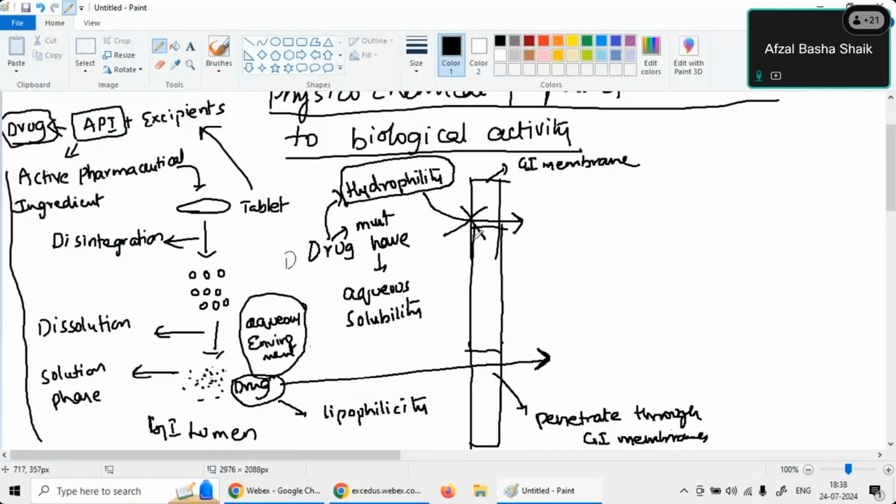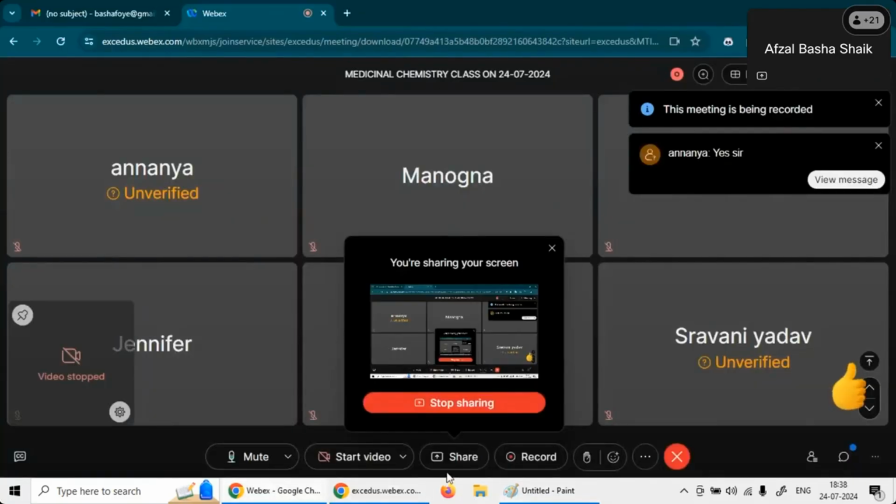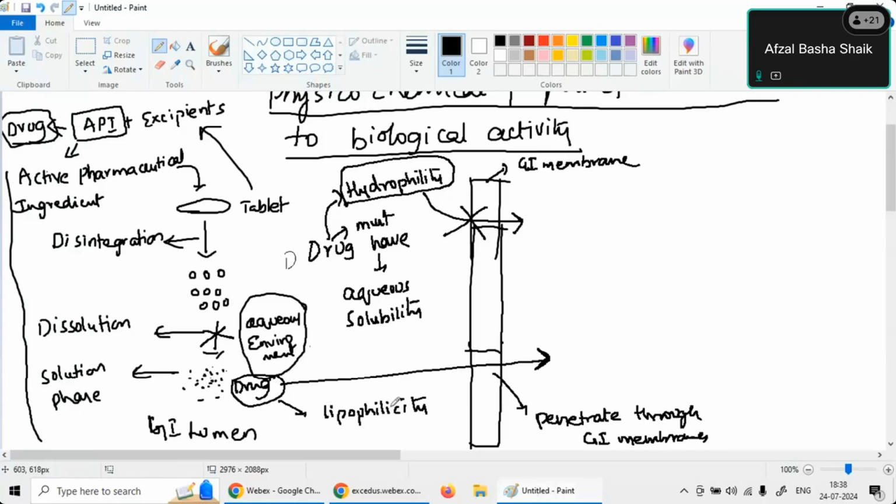It cannot, right? If the drug is too lipophilic, it cannot form a solution form of the drug. Yes or no? Yes, sir.